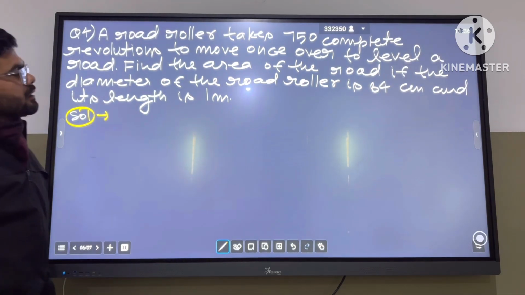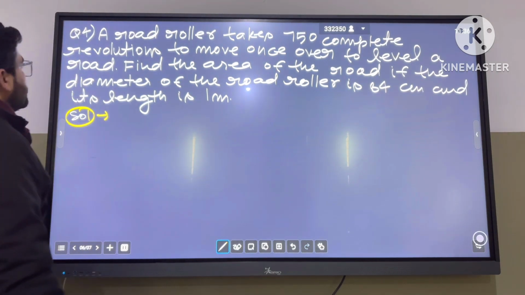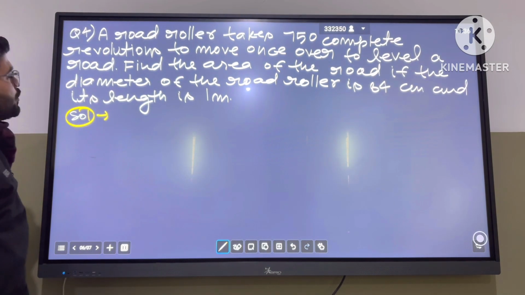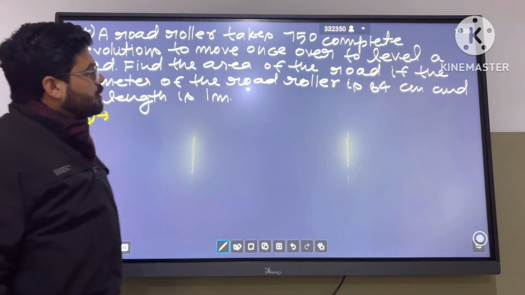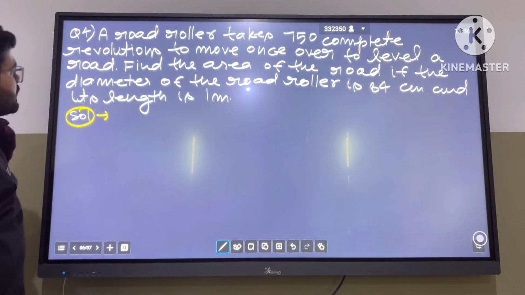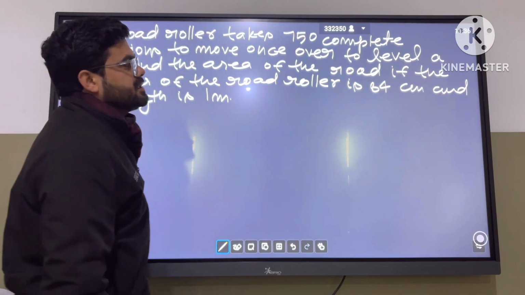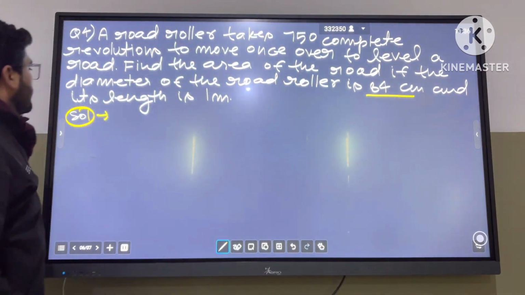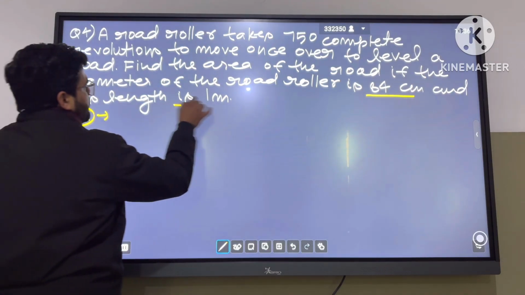A road roller takes 50 complete revolutions to move once over to level a road. Find the area of the road if the diameter of the roller is 84 centimeter and its length is 1 meter.